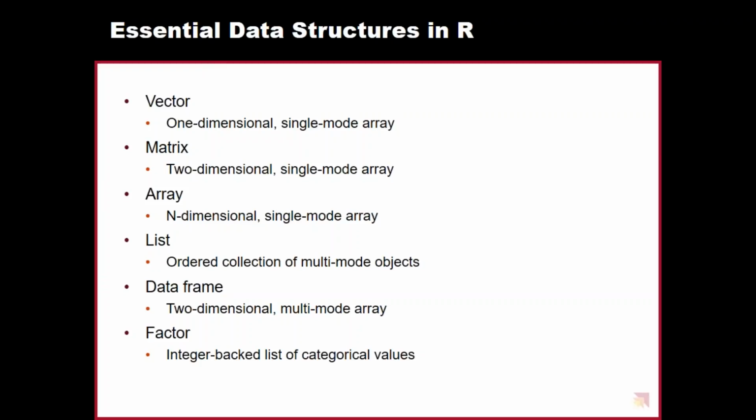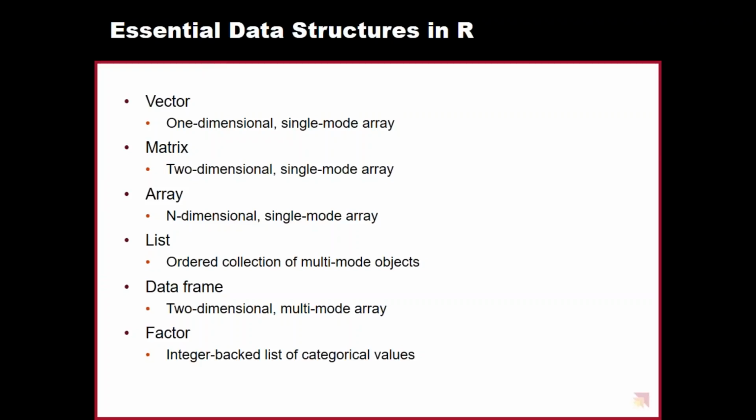It's a one-dimensional single-mode array. When you hear the term single mode, it just means every element in the array has to be of the same type. They can all be numbers, Booleans, or strings. You have the matrix, which is a two-dimensional single-mode array. So it's kind of like a table, but everything in the table has to be values of the same type. So it's not really a flexible table.